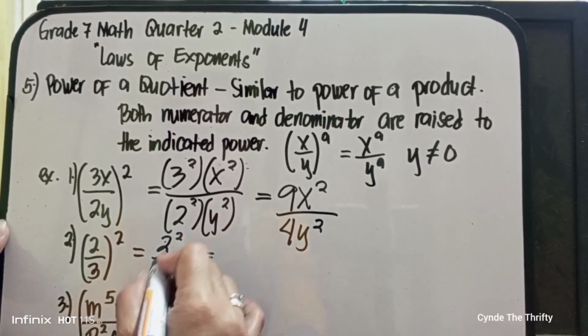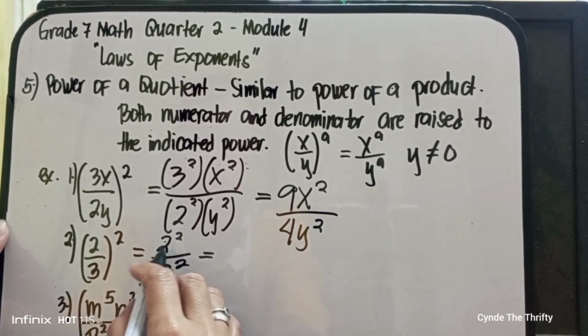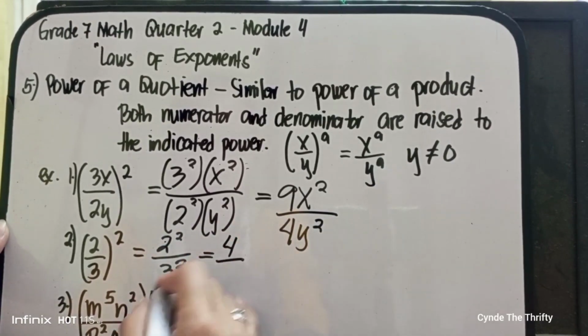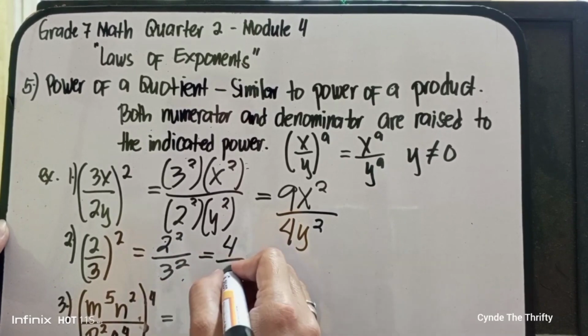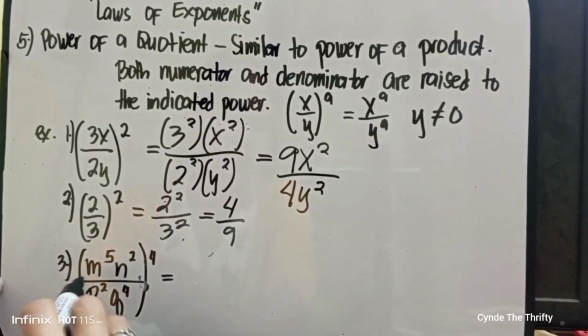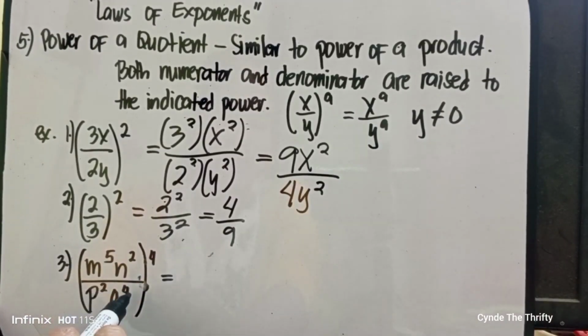So, 2 squared is equal to 2 times 2, so that is 4. And 3 squared, that is 3 times 3 is equal to 9. So, 4 over 9. And then m raised to the power of 5 and then n squared divided by p squared q raised to the power of 4, all to the 4th power.